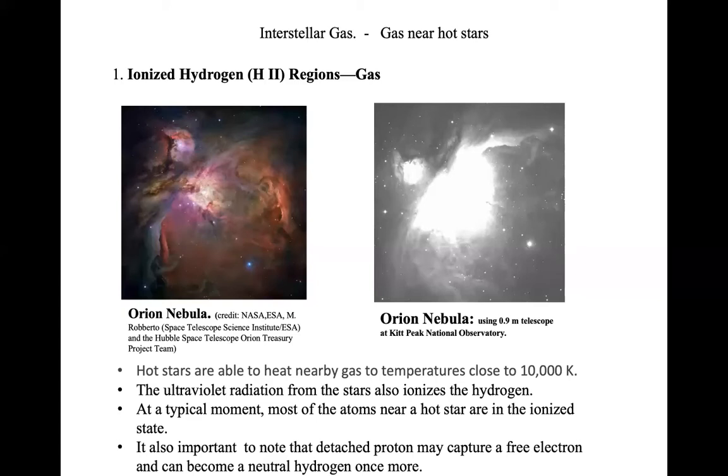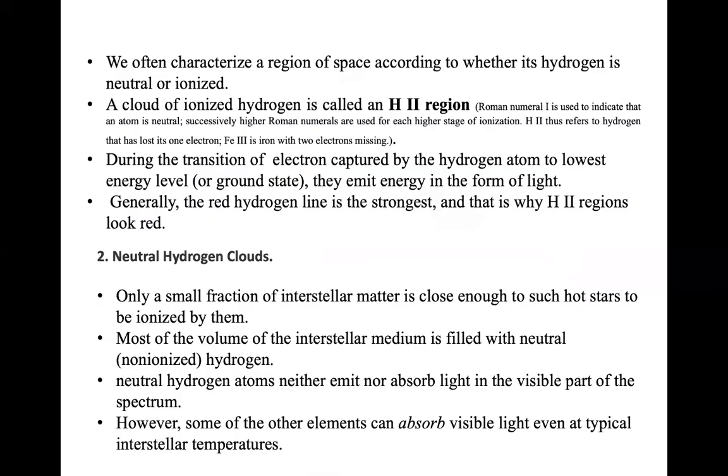I forgot to mention that in real situations, this is what we get from a telescope. What you see on the internet, these color images, are sometimes processed images, right?